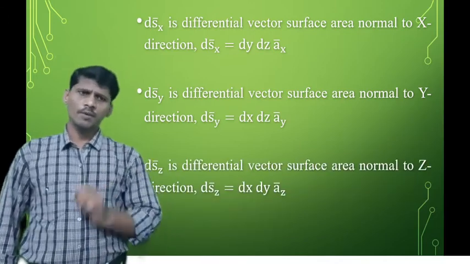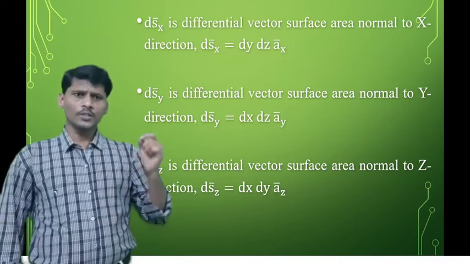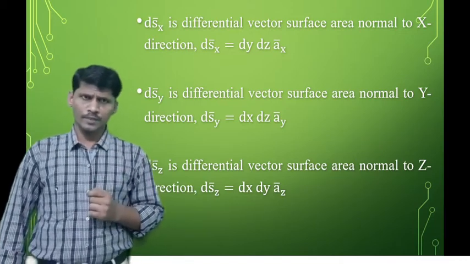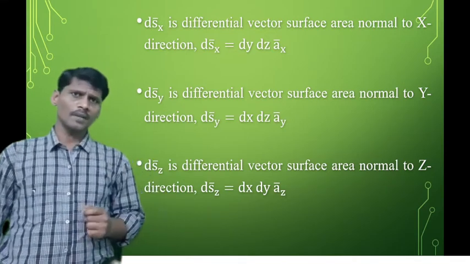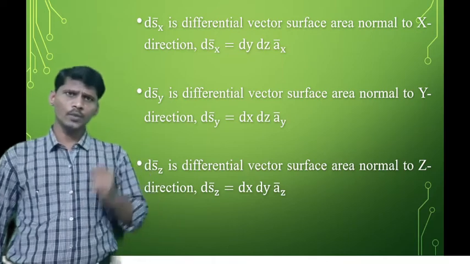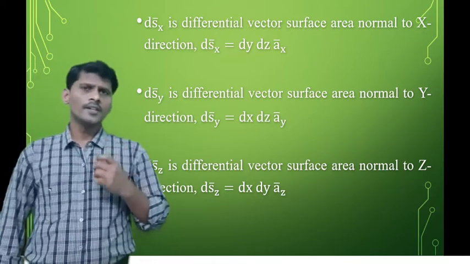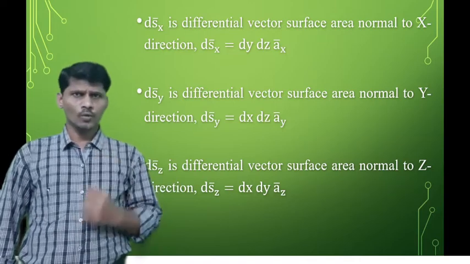And ds z bar is the differential vector surface area normal to z direction, and it is given by ds z bar is equal to dx dy into az bar. So that is the differential vector surface area in Cartesian coordinate system.